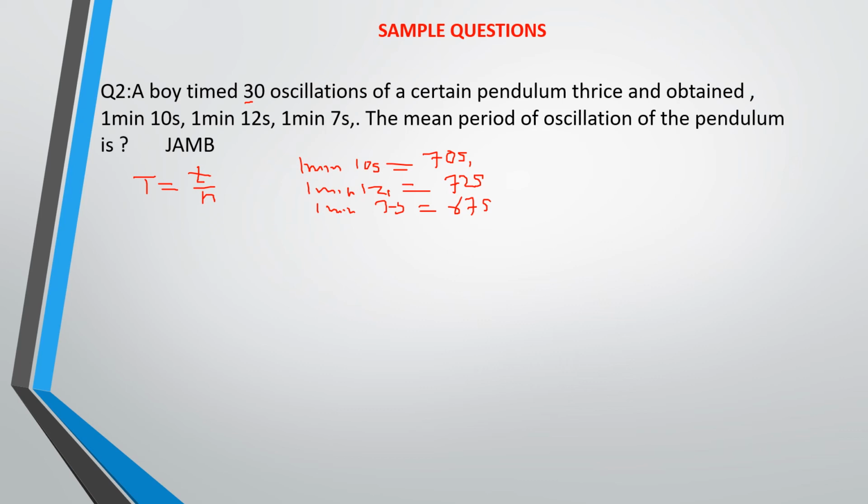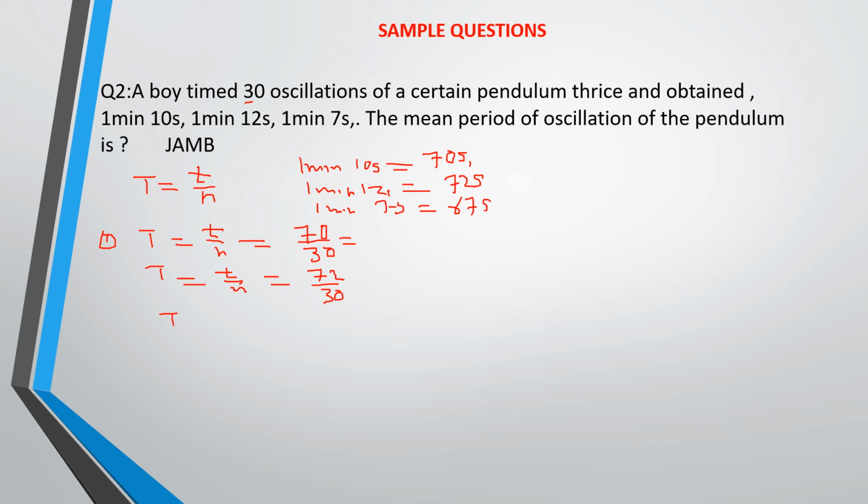So if you have done that, you can now start to solve. For the first one, T is equal to time taken over number of oscillations, which gives you 70 over 30. You go down like that for all the rest. The second one, T over N, is 72 over 30.